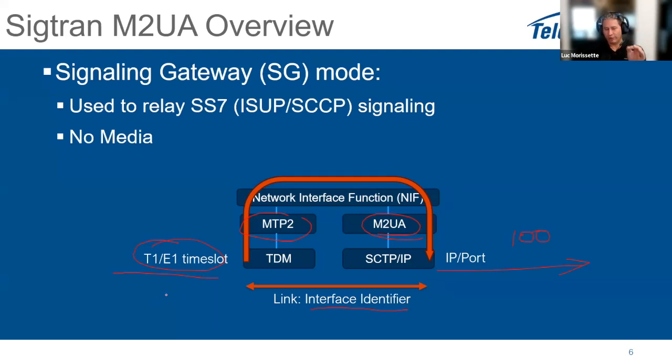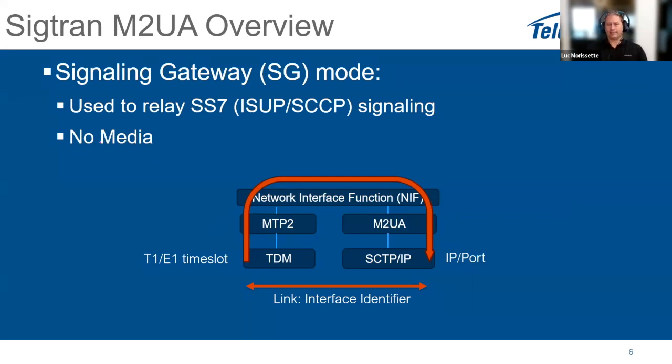And if you have another MTP2 link, then maybe it's going to be 101, right? So the next link that you have here will be 101. But this will be on the same SCTP association, so one association, but you will have two interface identifiers in the same M2UA. Of course, if they go to the same destination, because you could also have multiple destinations for multiple links.